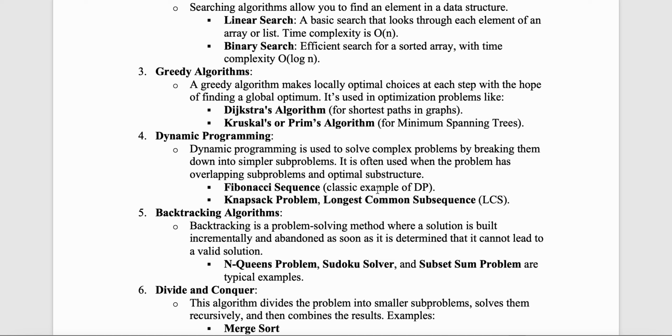Then the backtracking algorithm. Backtracking is a problem-solving approach where the solution is built incrementally and abandoned as soon as it is determined that it cannot lead to a valid solution. We backtrack when at some point it is not doable or a solution cannot be built, then we abandon the steps and get back to the previous step, like the n-queen problem, sudoku solver, or subset sum problem.